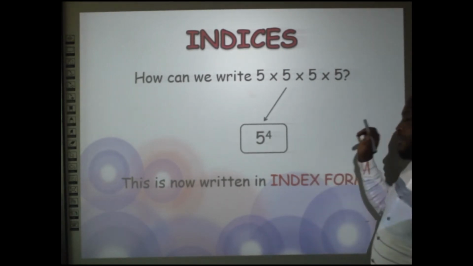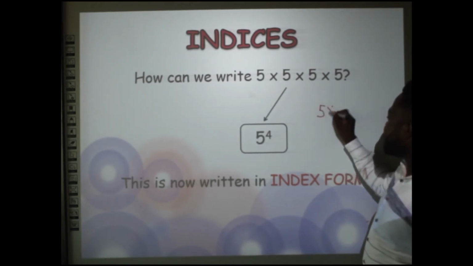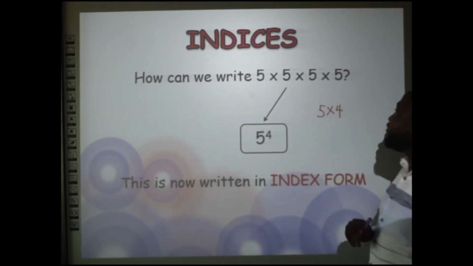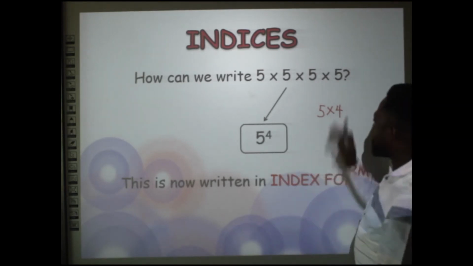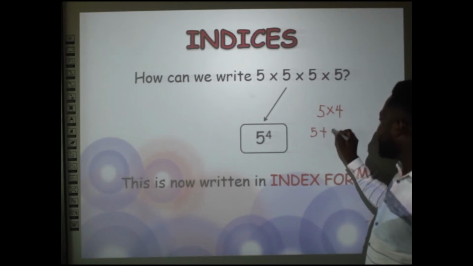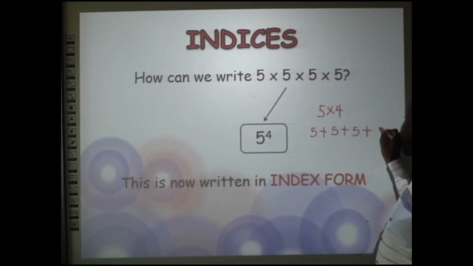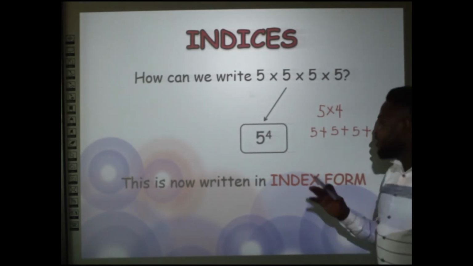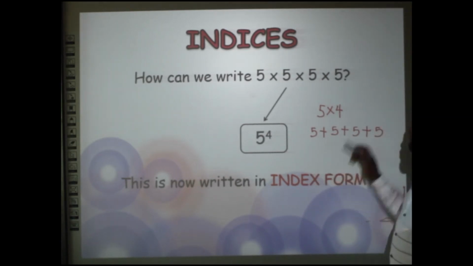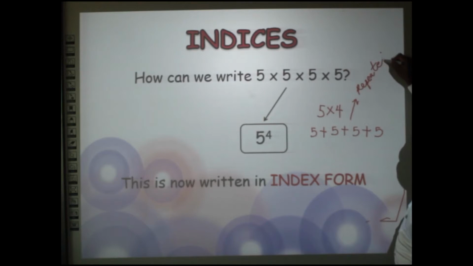You have to be very careful about this. I'm trying to differentiate between repeated addition and repeated multiplication. If you have 5 times 4, it can be written as 5 plus 5 plus 5 plus 5. This is repeated addition.